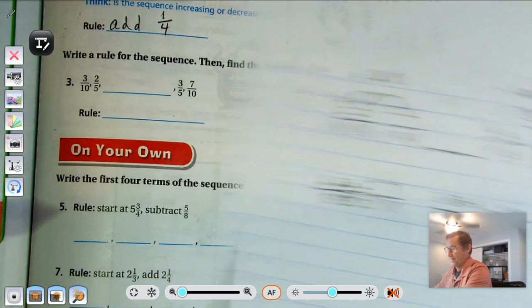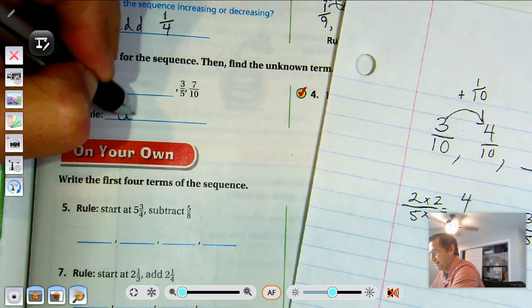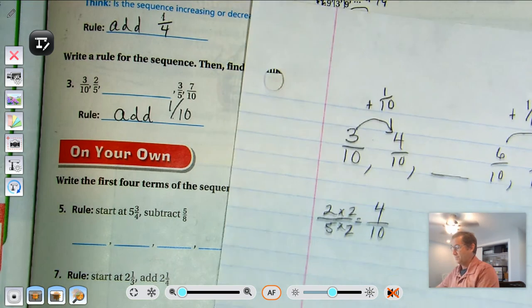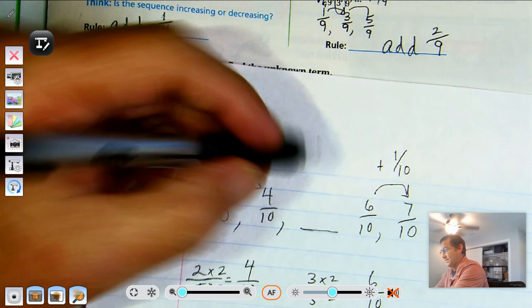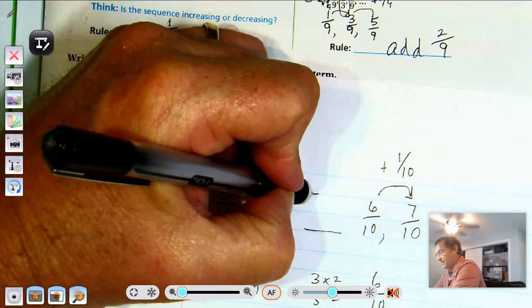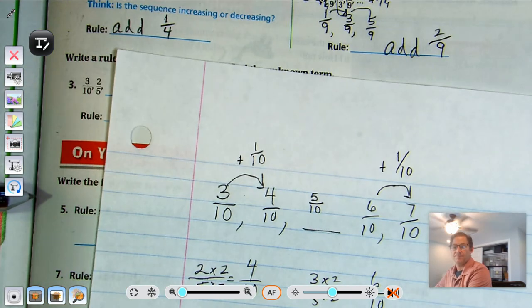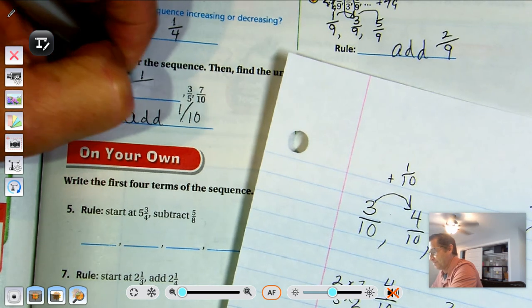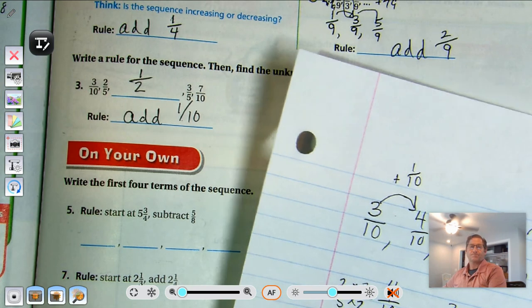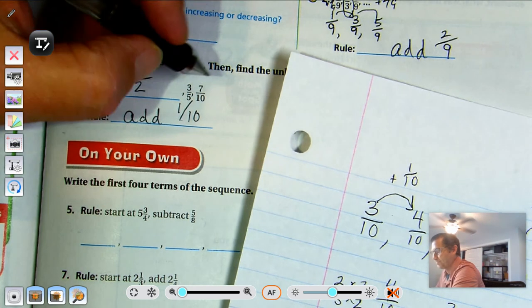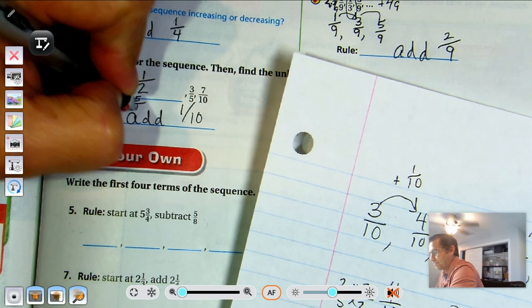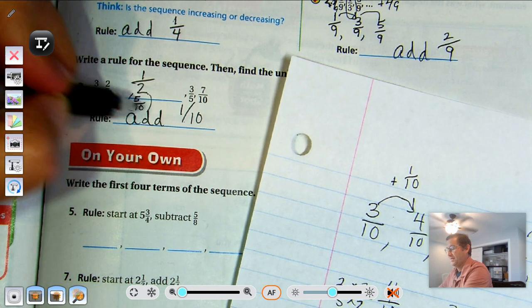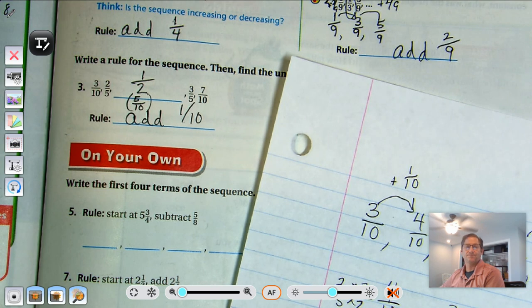So the rule has to be add 1/10. So if I add 1/10 to 4/10, I get 5/10, which is the same as one-half.